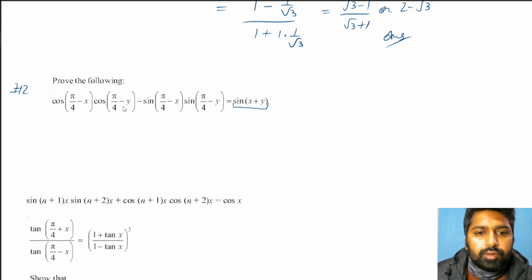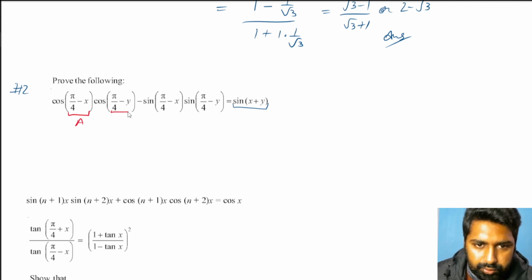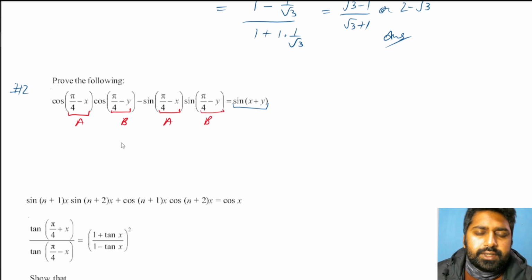Then what can we do? For the time being, what you can do is consider this whole π/4 - x as your a, and π/4 - y as b. So this is again a, this is again b. If you read the question now, it looks like cos a cos b - sin a sin b. Now this is an identity.